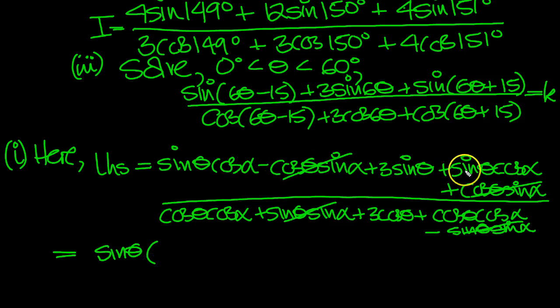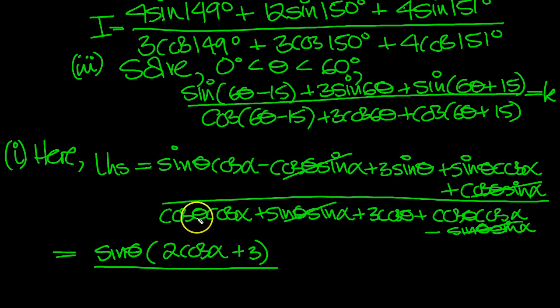So we've got sine theta, and then 2 cosine alpha in the bracket, plus 3 on top. Underneath, we've got cos theta cos alpha plus another one, and there's a cos theta common throughout.